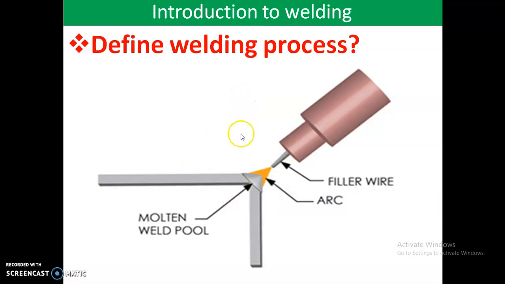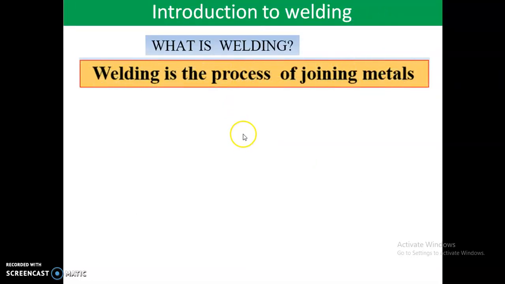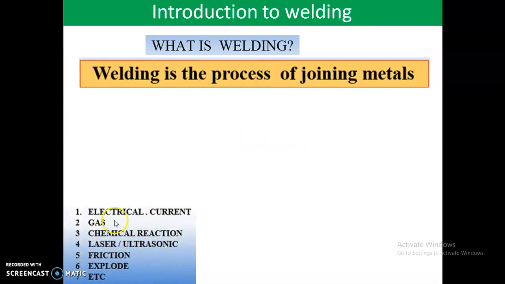I hope you understand. Once again, see what is welding. Welding is the process of joining metals. So how can we join two metals? There is a process. By using electrical current or gas or chemical reaction or laser or ultrasonic energy or friction or explosion, whatever it is, we can produce heat.